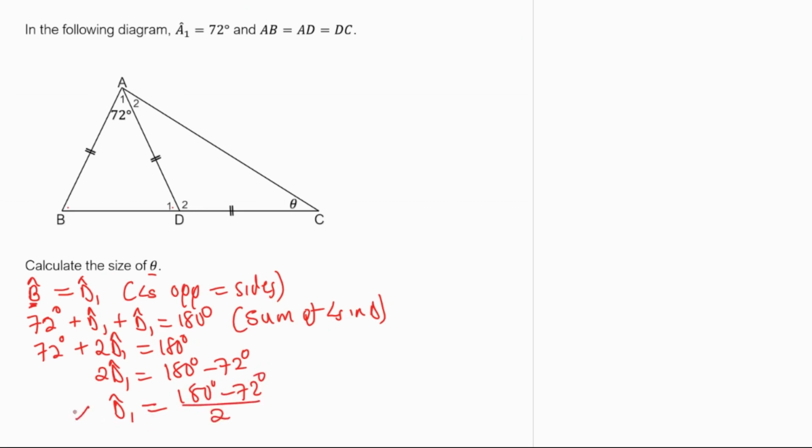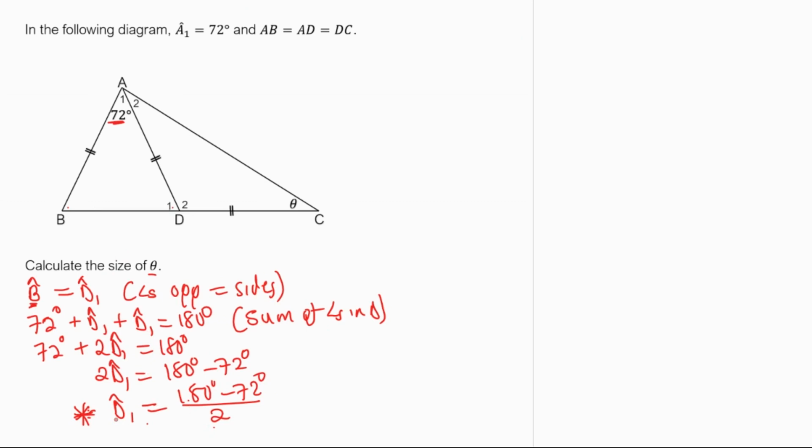Remember I talked about this. I told you that if you're finding one of the angles that are opposite equal sides, you say 180 degrees minus the given angle, the given angle is 72 degrees, and then divided by 2. You can just do this straight away. 180 degrees minus the given angle divided by 2 will give you the angles that are opposite equal sides.